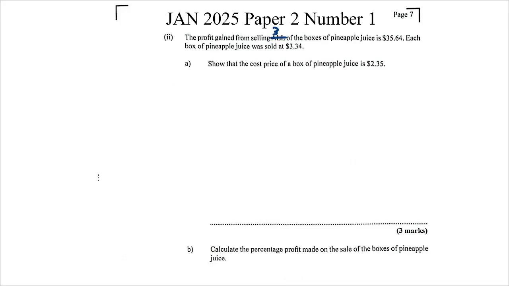First off, let us find the profit for one box. The profit for one box is the difference between the selling price, $3.34, and the cost price, $2.35.